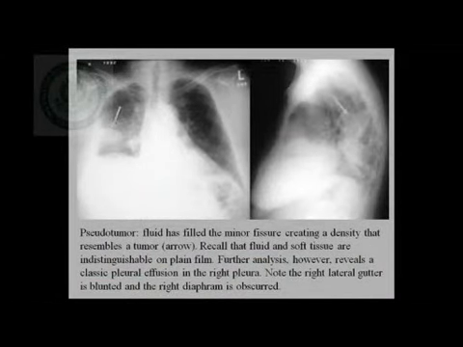This is called a pseudotumor, wherein the fluid is accumulated in the right major fissure, and part of the fluid gets accumulated in the costophrenic angle, thereby obliterating the right costophrenic angle. If you had assessed the costophrenic angle, this sign of pseudotumor could have been easily appreciated. And pseudotumor is a vanishing tumor. Once you treat the pleural effusion, these tumors will vanish.